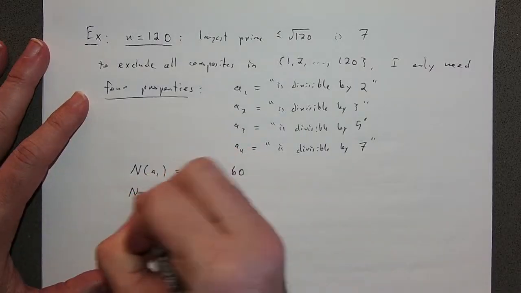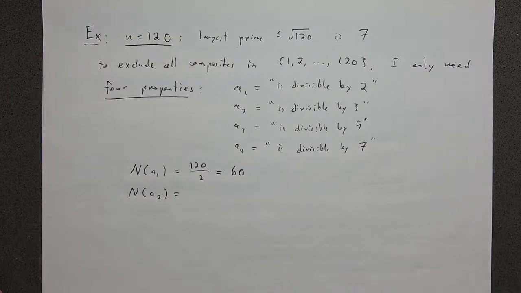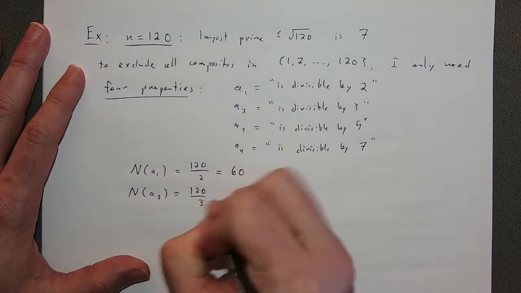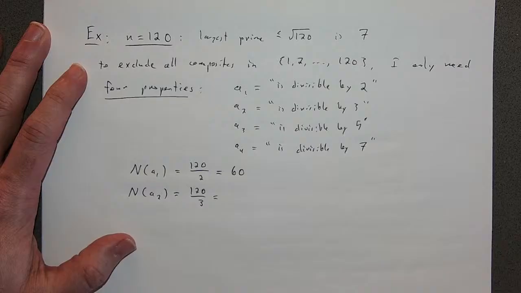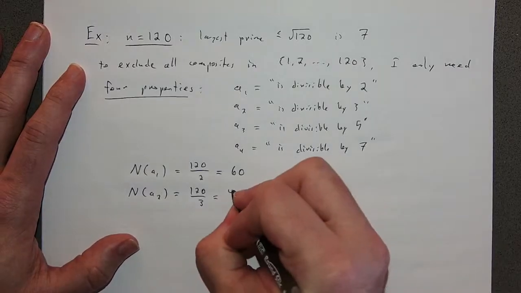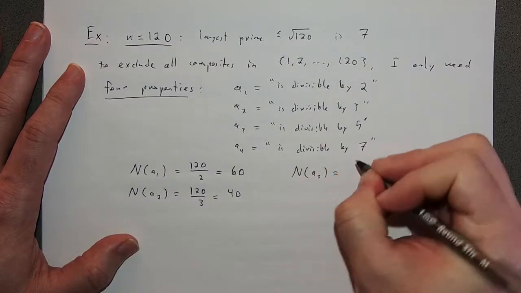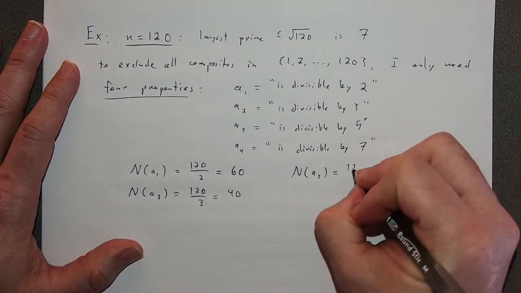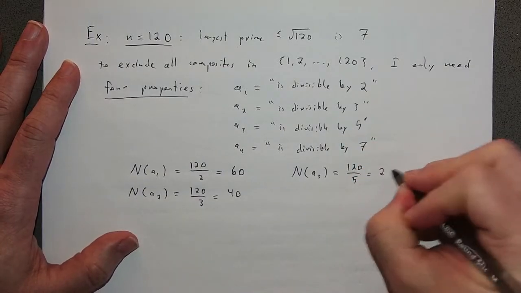What about those divisible by 3? This is exactly a third of them. These are the multiples of 3 that we're excluding, so there are 40 of those. What about the number divisible by 5? This is 120 divided by 5, which is 24.